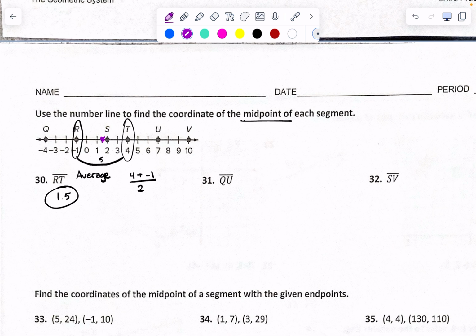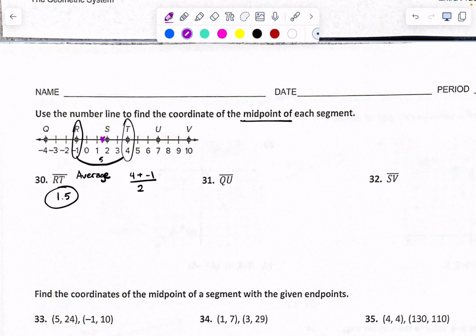You get an answer. 2.5. No? Try again. I agree with the third one, but not that middle one. I'm talking to him. You're right. Yeah, that's right.